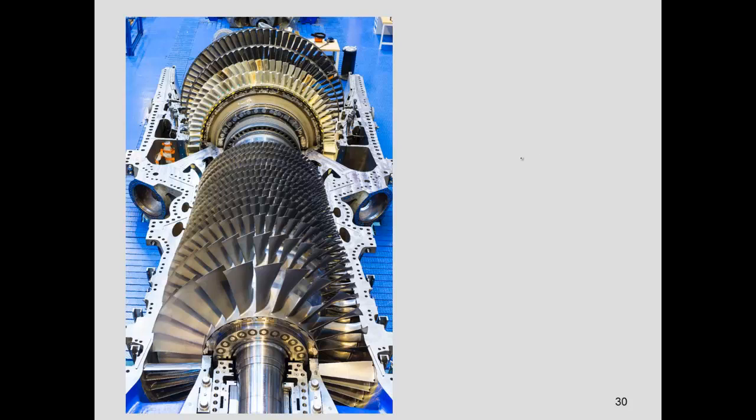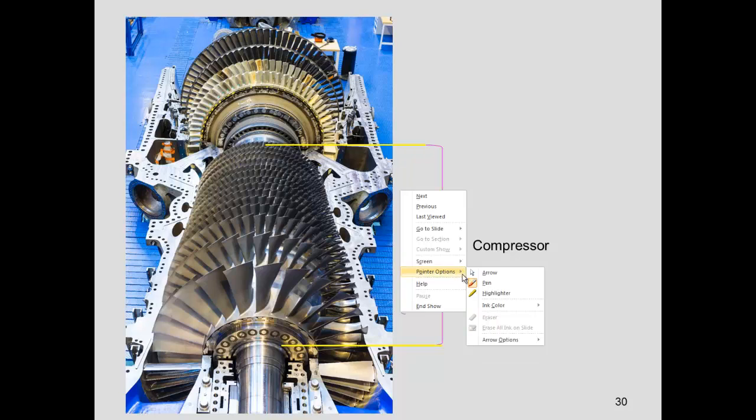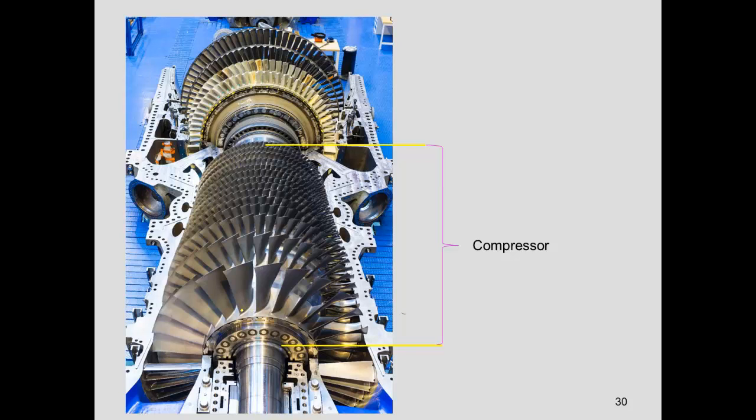This is a typical gas turbine, and we can identify here the compressor. We can choose this as a compressor because we have a higher height in the first part. You can see that this height is much more than this one.